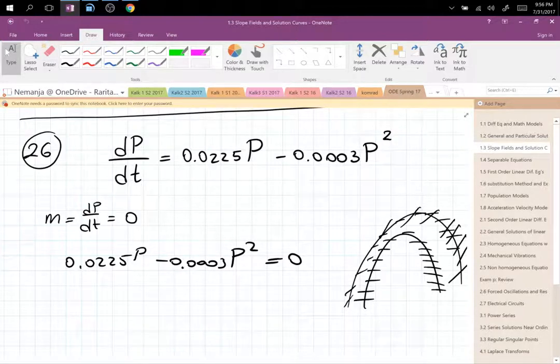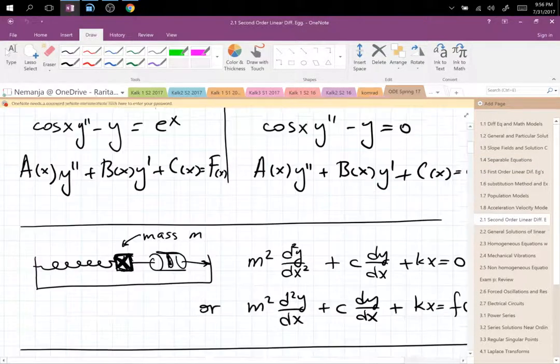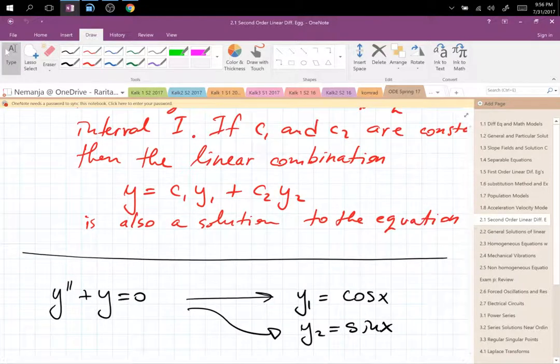So you'll have much more of these cool things, separable equations, with a little bit more interesting examples of separation. And you'll have a whole bunch of other cool stuff to do.